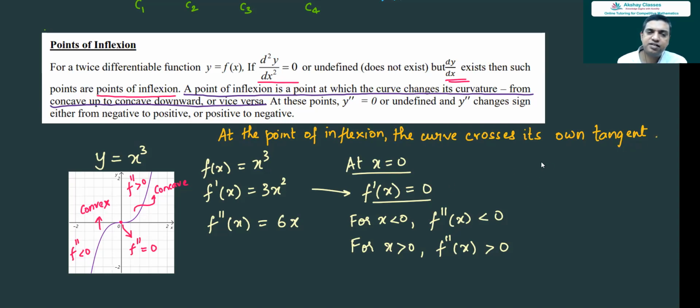Now, usually the concept of tangent is like this, that this is a line, and the curve may be a circle or an arc or a parabola or whatever.